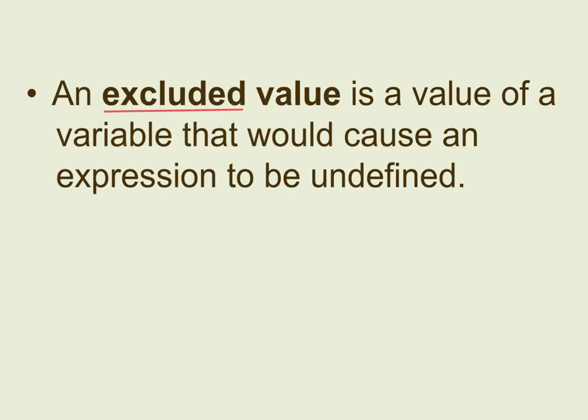So the last term I'm going to look at, we're going to talk about later on, but it is an excluded value. This is a value that would cause a problem in an expression. I want to give you an example. So if we had 1 over x, there's no problem with that unless x were to equal 0. What would happen if x equals 0?